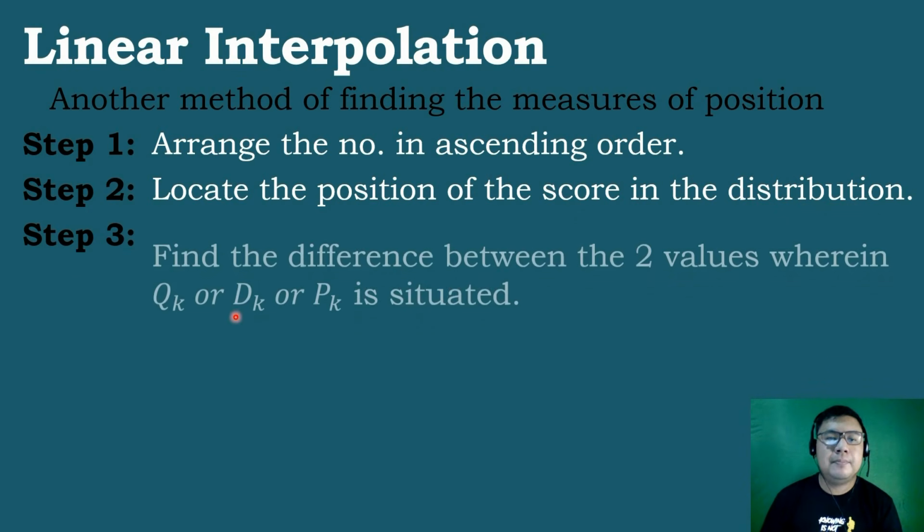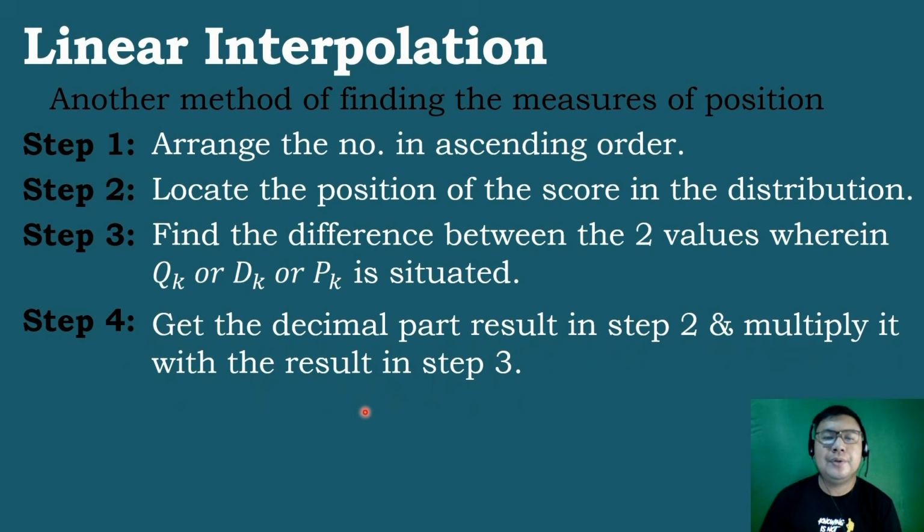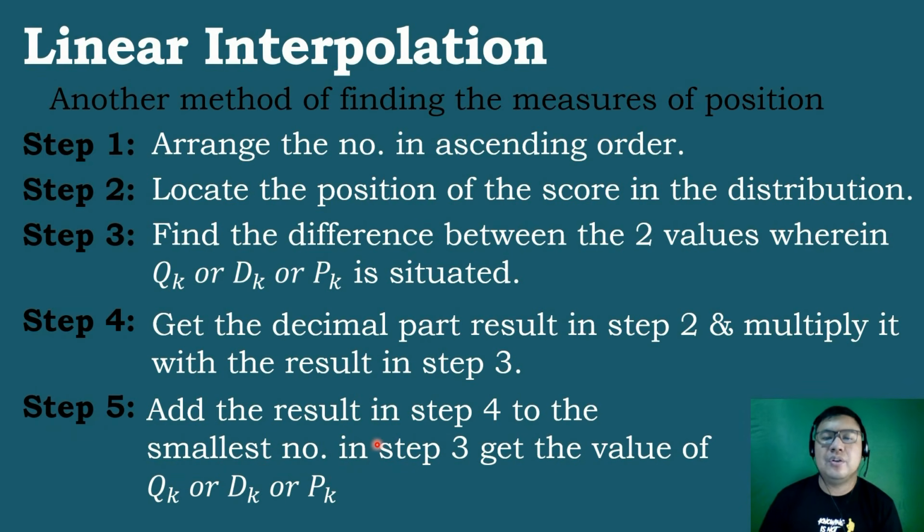The third step is to find the difference between the two values wherein Q sub k or D sub k or P sub k is situated. For step 4, we will get the decimal part of the result in step 2 and multiply it with the result in step 3. And for the last step, we will add the result in step 4 to the smallest number in step 3 and get the value of Q sub k or D sub k or P sub k.